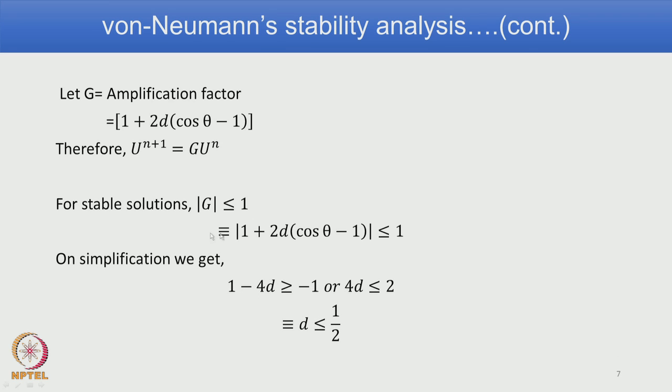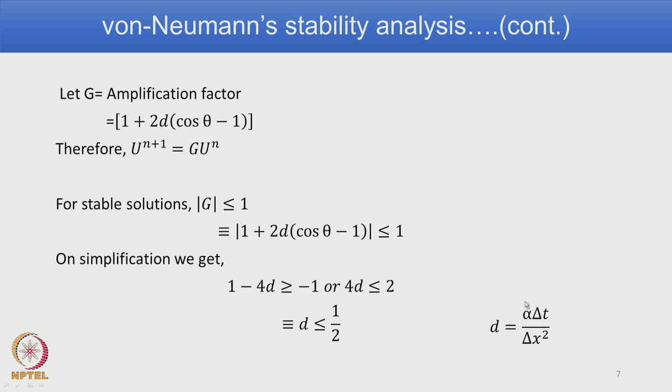So, you can understand how to obtain from this a limit value for theta or a value for d. We know the maximum value of cos theta and we know the definition of d. If you follow that, you get the condition d should be less than or equal to half, and we just put the definition of d here again, where d is alpha times delta t by delta x squared. This alpha is a diffusion coefficient, which comes from the equation itself.